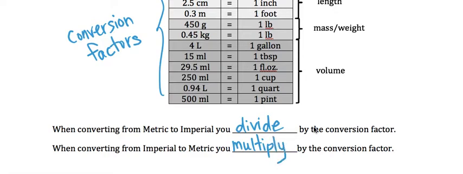So let's go through some examples looking at using those conversion factors to convert between different units. It's important for us to know how to go between different units because we still see in Canada a mix of imperial system measurements and metric system measurements. That's common in a lot of areas, whether we're looking at height or weights.